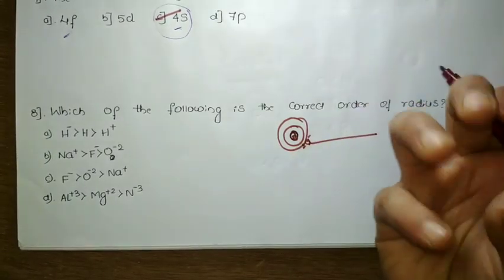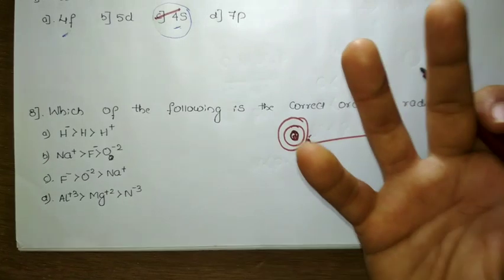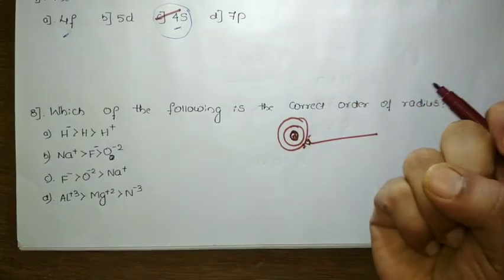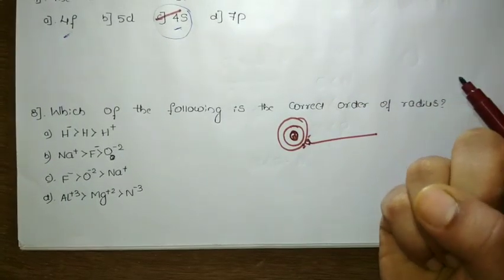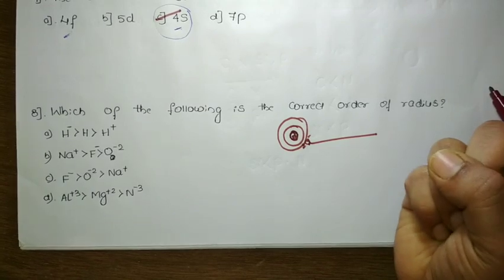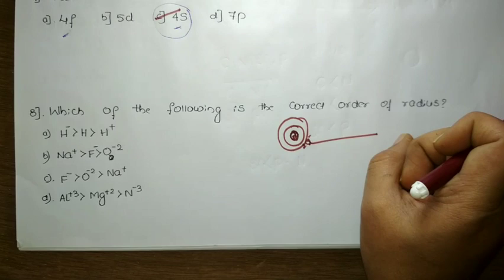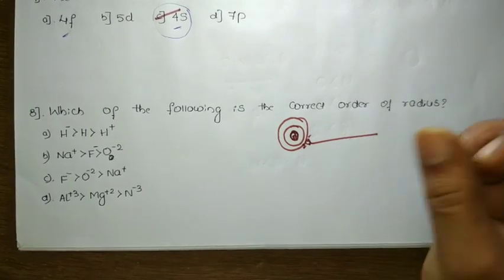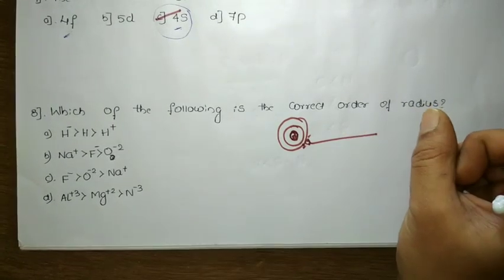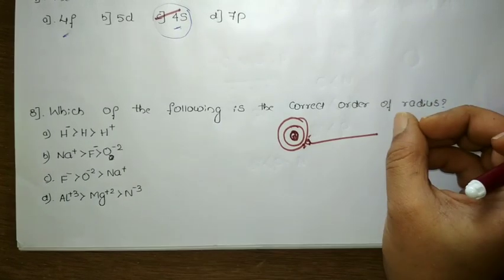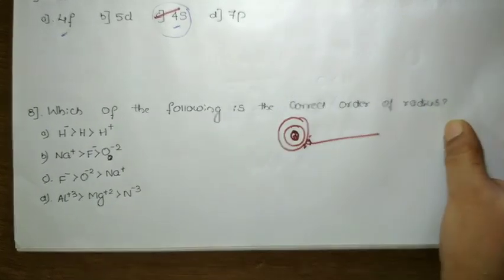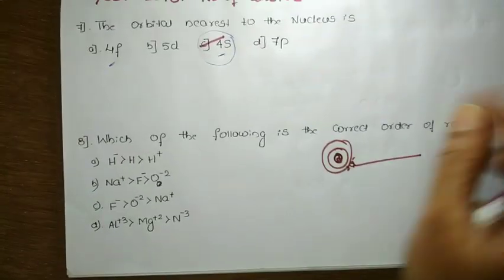So as the attraction increases, the size starts shrinking. So the more the proton number, the lesser will be the atomic radii. This is very important. The more the proton number, the lesser will be the atomic size, or the atomic radii, we could say. So that concept is applied in this question.